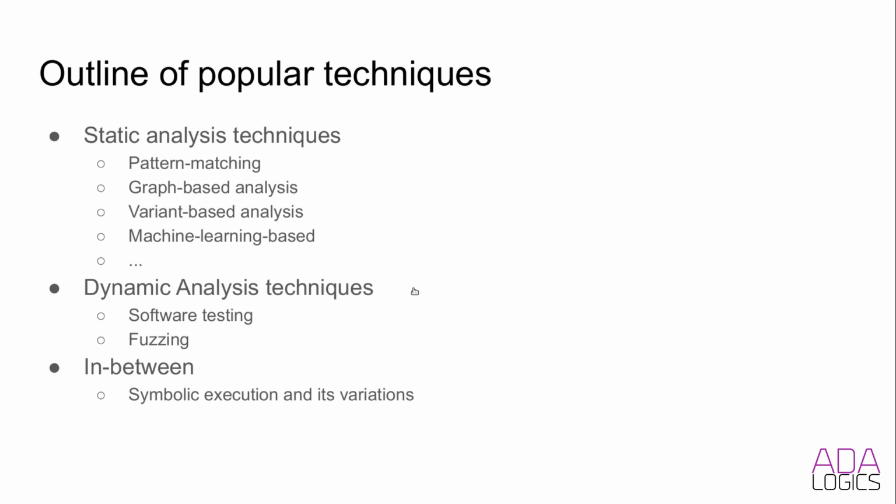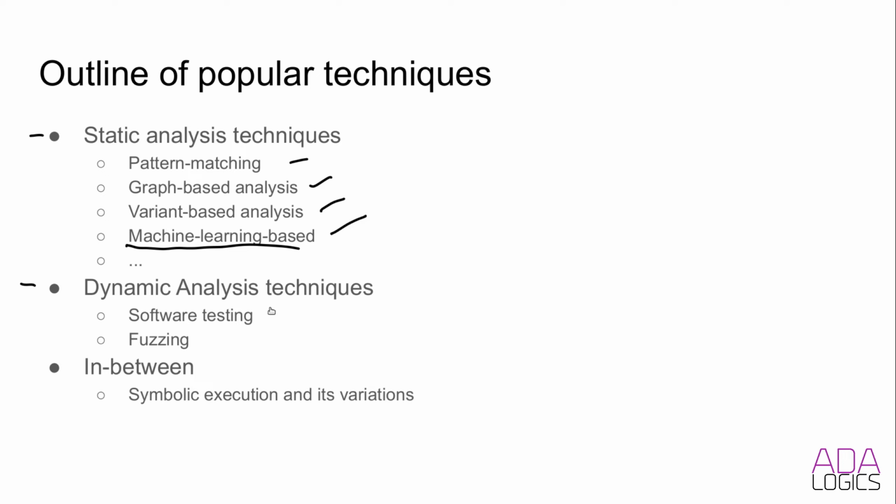So what are some of the more popular techniques within each of these static and dynamic analysis techniques? In static analysis, you find a lot of various techniques such as pattern matching, graph-based analysis. Variant-based analysis has become very popular recently, and also a lot of approaches that leverage machine learning. For example, in a machine learning-based technique, you will have a pattern that encodes some type of vulnerability, and then you use machine learning to identify similar patterns in another piece of code.